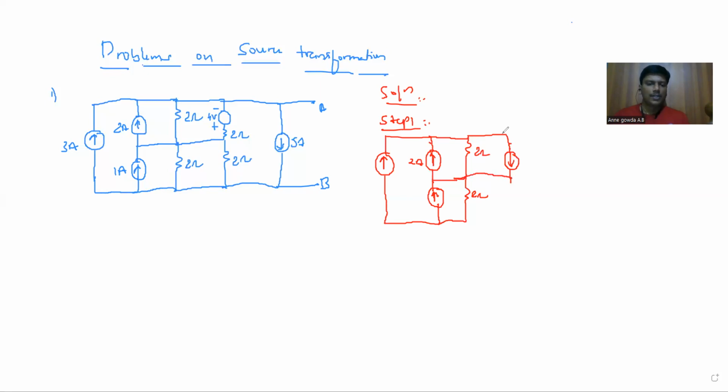So we know that I is equal to V by R, which is 4 by 2, which will be 2 amps.